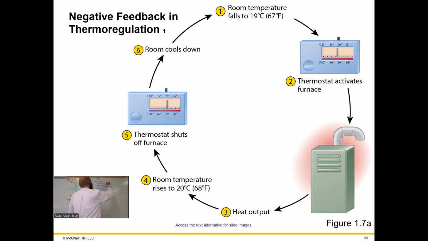Then we move to step number 3. What is step number 3? Now, we have to have an input sensory signal. So the input sensory signal, that's step number 3.